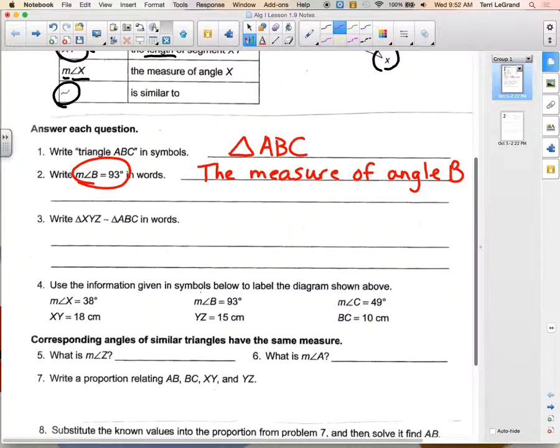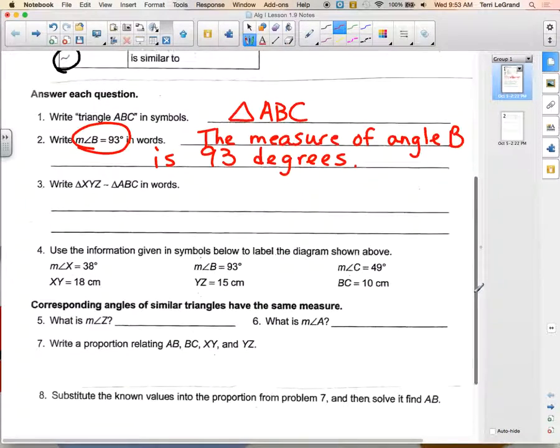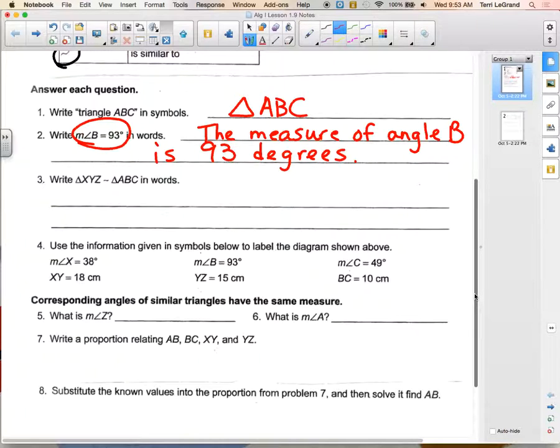The measure of angle B, we're not using the angle symbol anymore here, is 93 degrees. So we're writing a word sentence. The only thing we're not going to write out in words, I'll let you get by with, is the number. Because we can't really say angle B equals 93 degrees, we've got to say what about angle B is 93 degrees. That's why we have to make sure we put that word measure in there.